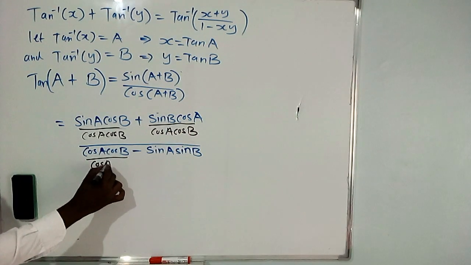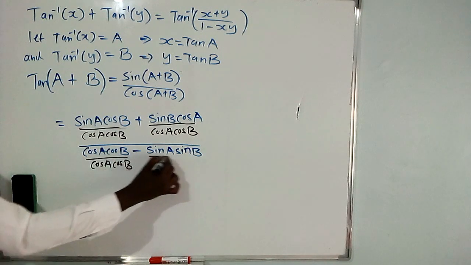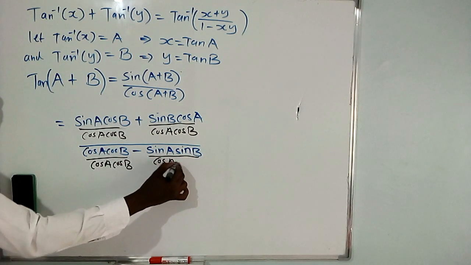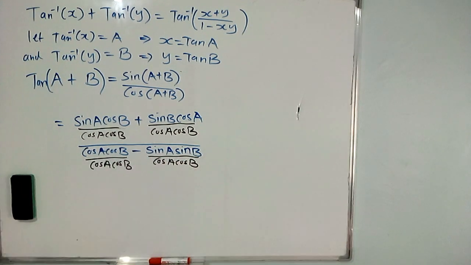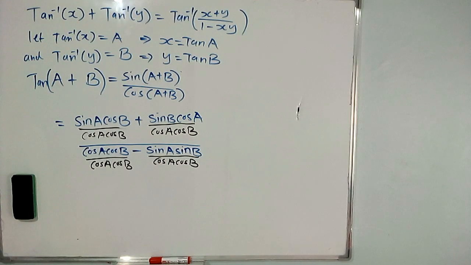Not both sides of the equation, I mean numerator and denominator, divided by cos a cos b so both balance. Having done that, can you now simplify that equation? Start with the numerator.